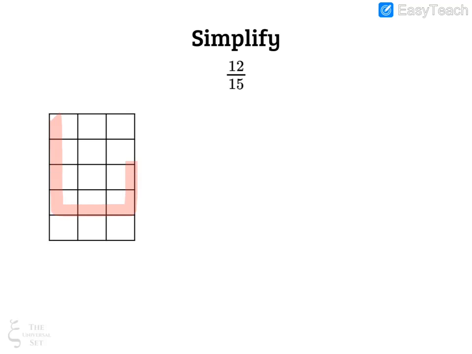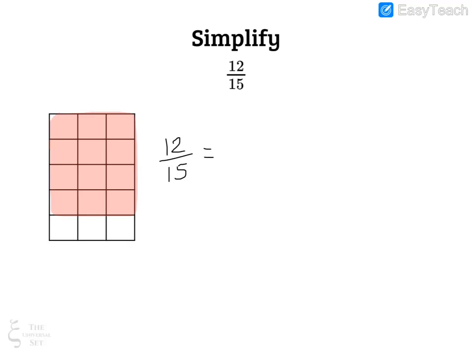If I shade in, here we go, 1, 2, 3, 4, 5, 6, 7, 8, 9, 10, 11, 12 of those boxes. There we go, that's 12/15ths, right? We can see that there. So I've got 12/15ths here. But can we see another way, a simpler way, that we could describe that fraction?